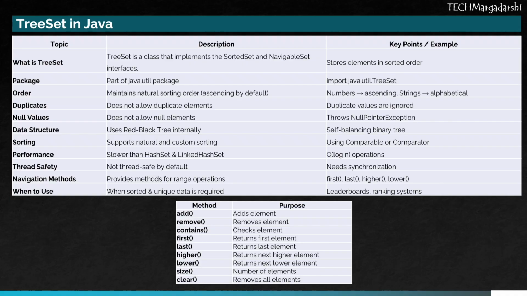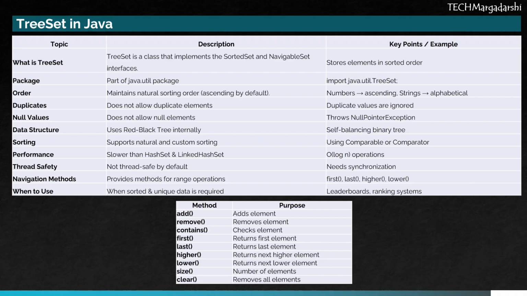Internally, TreeSet uses a red-black tree, which is a self-balancing binary search tree. Because of this, operations like add, remove, and search take O(log n) time, making it slightly slower than HashSet. TreeSet also provides powerful navigation methods such as first, last, higher, and lower, which help in range-based and sorted data operations.